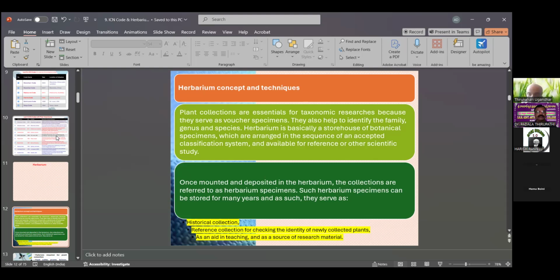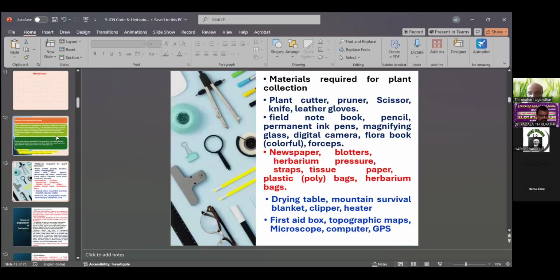It is one of the teaching aids: how to call the name, and how to identify the plant's name from the environment or surrounding areas of the college.